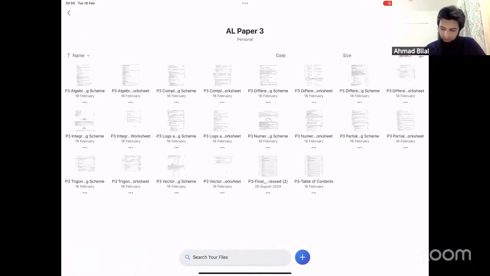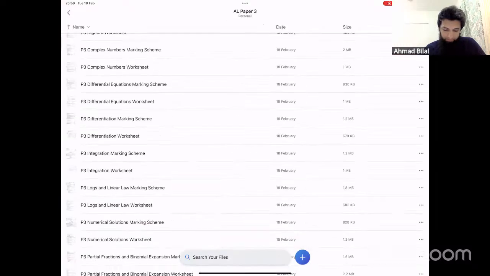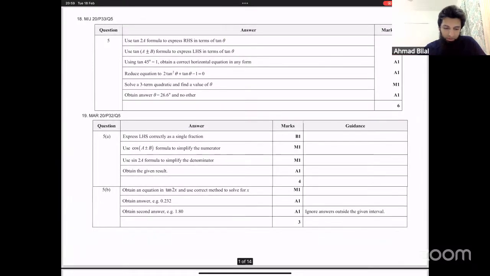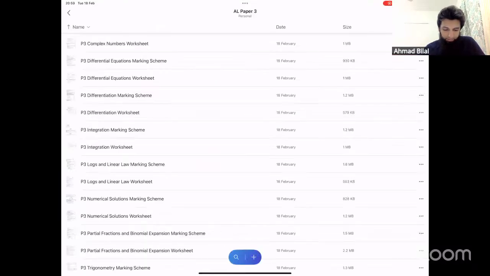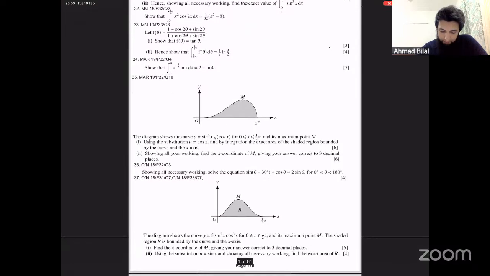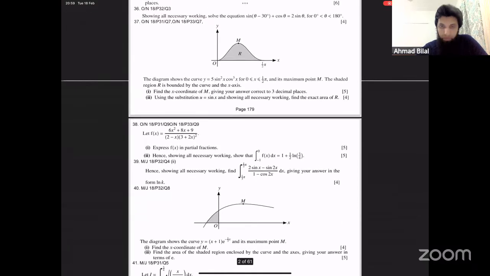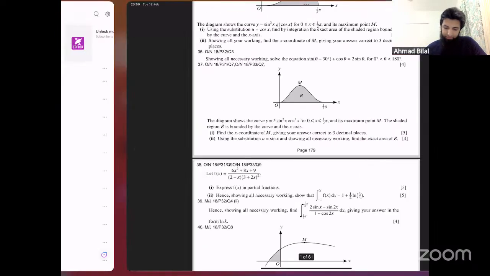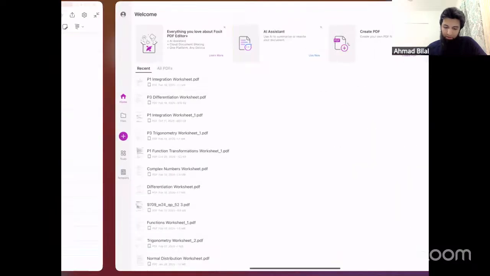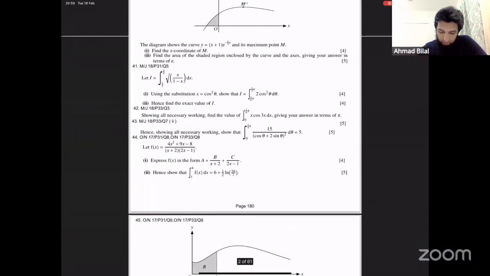P3 differentiation. अच्छा, चलिए तो मार्किंग स्कीम है. अच्छा, क्वेश्चन में क्या था उसमें? T minus tan t and ln cos t. Okay, let's search for that question quickly.